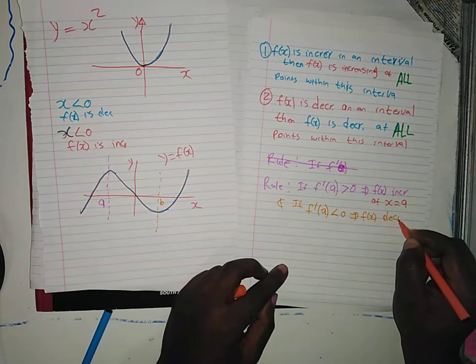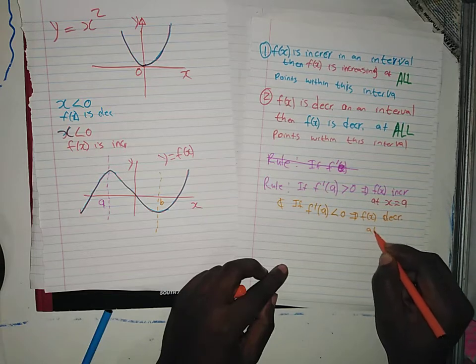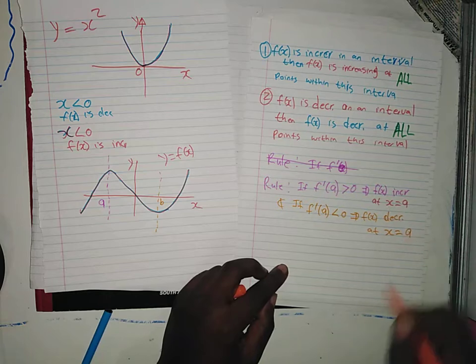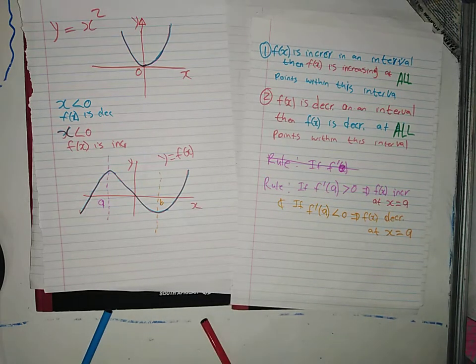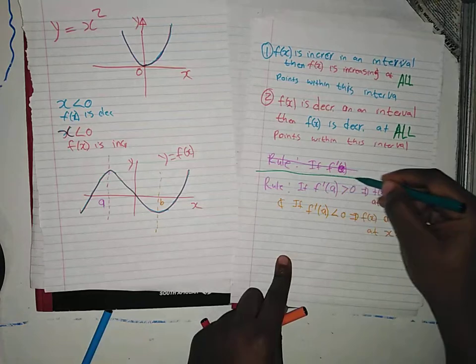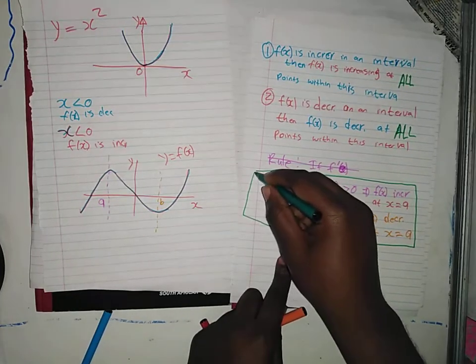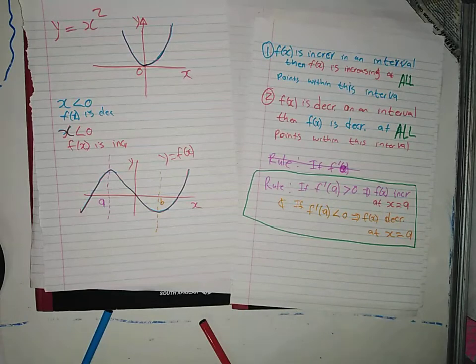Decreasing where? At x, which is equal to a. Can you see that? Now this is a rule. Let me put it somewhere nicely. So this rule summarizes all of these things. Does this make sense?